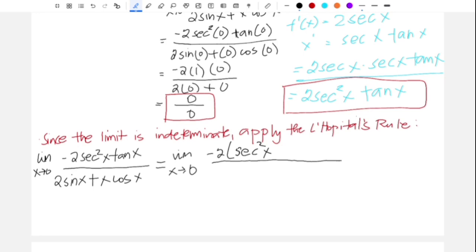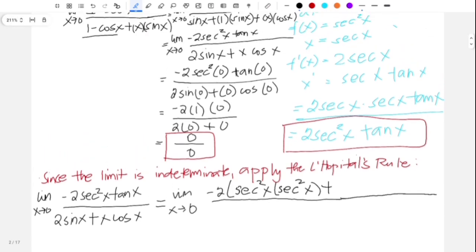After this, the derivative of our g of x, which is tangent x, is secant x squared. Then plus, using the product rule, the derivative of our f of x, which we already have earlier when we used the chain rule.